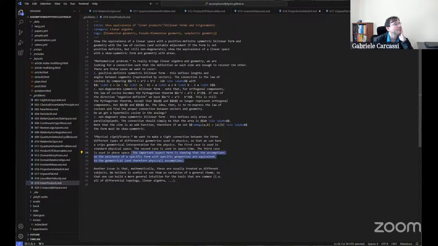That's basically when I was trying to think more geometrically. Another issue is that mathematically, these are usually treated as different subjects. We believe it is useful to see them as variations of a general theme, so that one can build a more general intuition for the tools that are common.